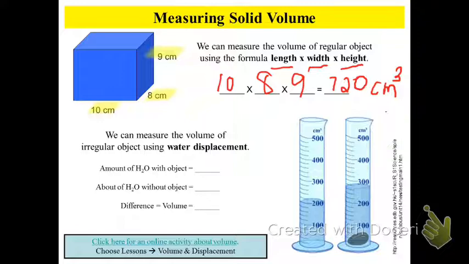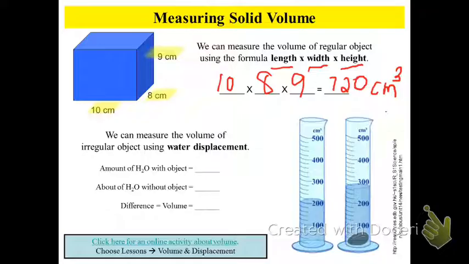We can use what we call water displacement. I'm going to explain water displacement, and as I explain it, you may need to pause to fill in number 13. We're going to fill up a graduated cylinder with water first. That's step number 1. Then we need to make a note of how much water we actually put in the graduated cylinder.